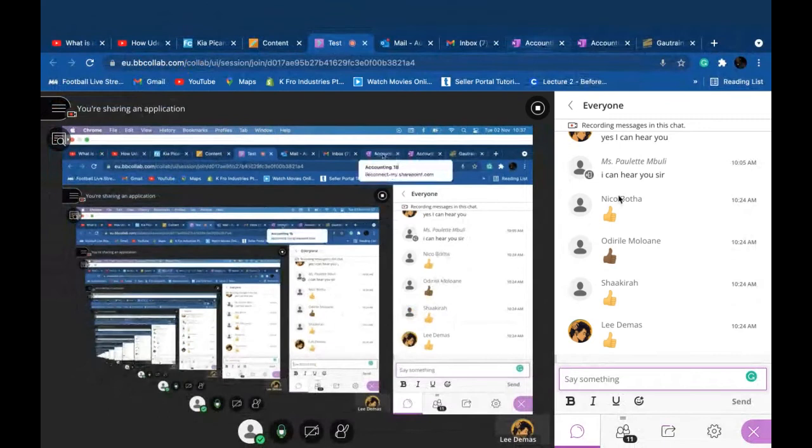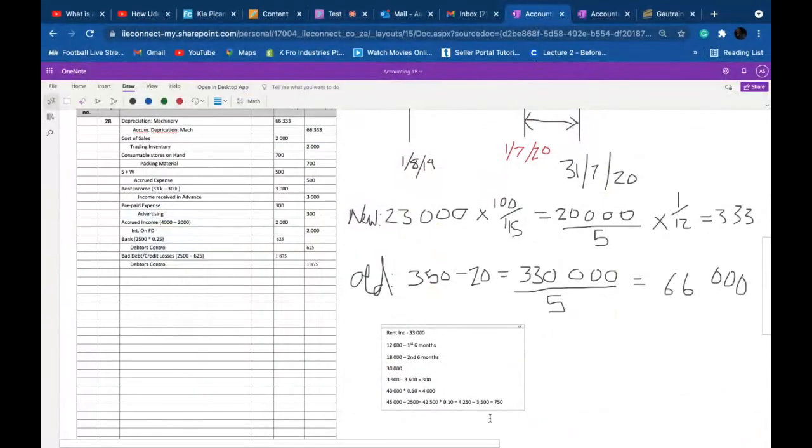Okay, just in the interest of time, we're going to credit allowance for credit losses by 750, and allowance for credit losses adjustment, which we know is either the income or expense, is then obviously getting debited 750.